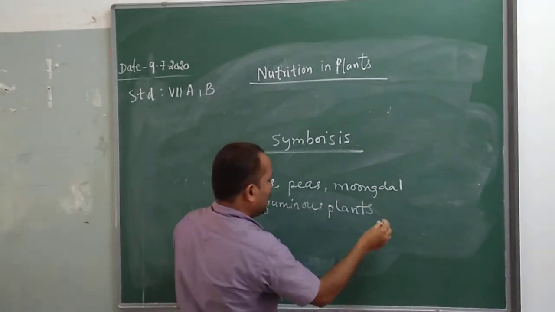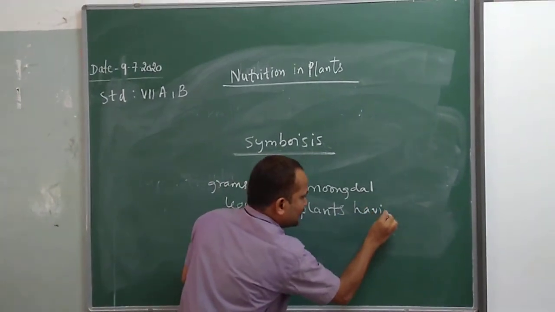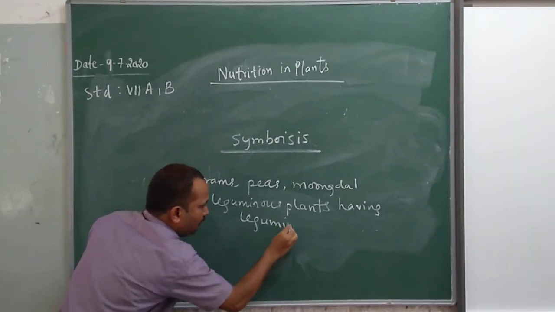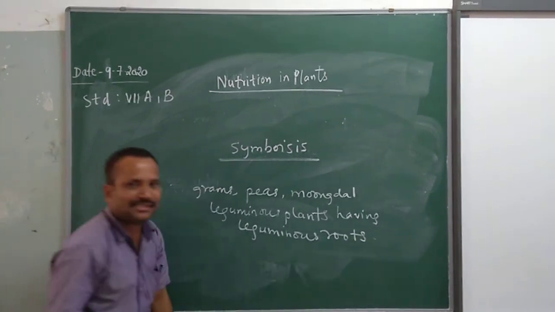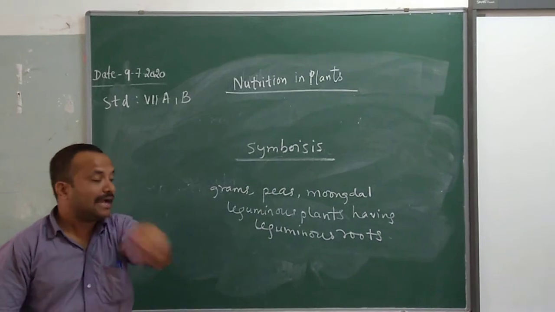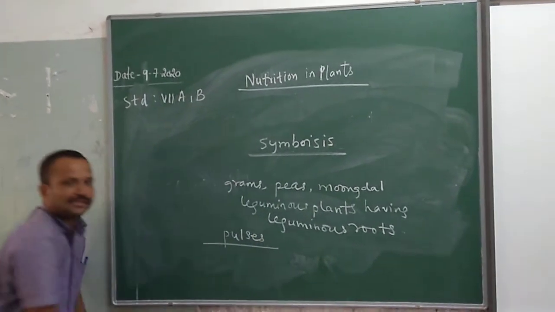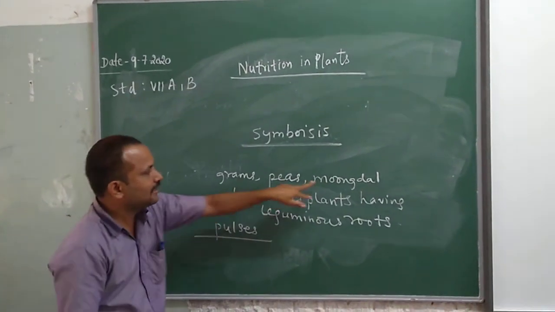What do leguminous plants have? Leguminous roots. Because of these leguminous plants, we are getting pulses, grains, grams, peas, moong dal.